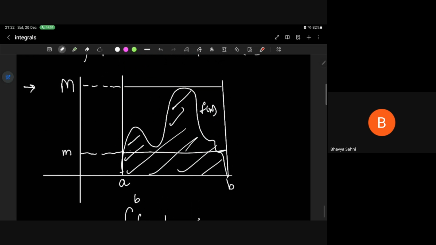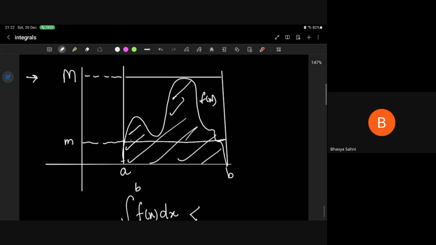What is the area of the bigger rectangle?